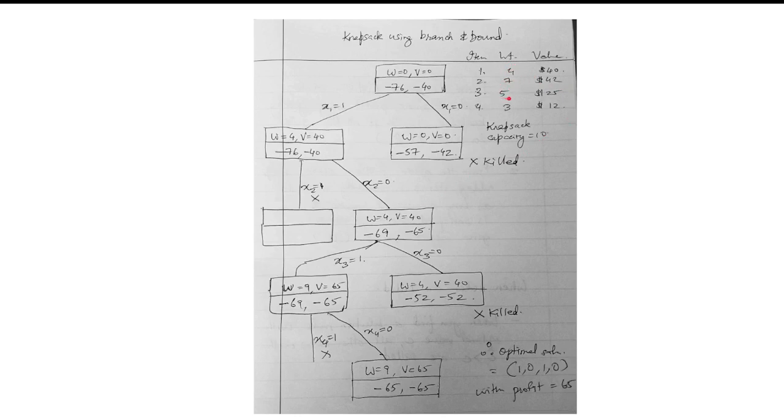So the third item you can include all, and the fourth item you will include only 1 unit. So you get 40 plus 25 plus 4, which is 69. Okay, this is for the lower bound. For the upper bound, you have 4 and you're not going to include 7. So you can add 5 and then you can stop, because if you add 3 it will exceed, right? So you get minus 65 as the upper bound.